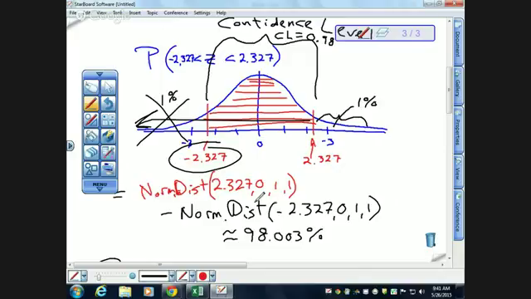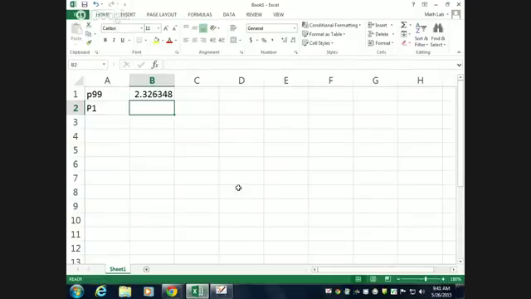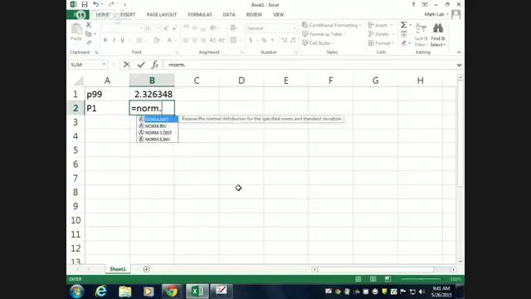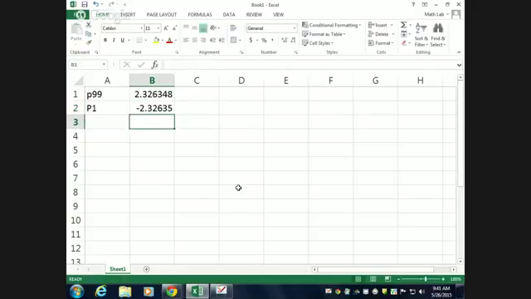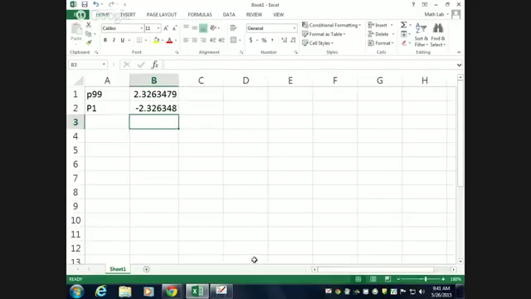Negative 2.327. Yeah. So let's just double check to see if that matches the symmetry of my graph, and it better, otherwise the world's going to end. Norm dot inverse of 0.01, right, 1%, mean of 0, standard deviation of 1, and there's the negative of that number. It's just rounding differently, but it's the same number.